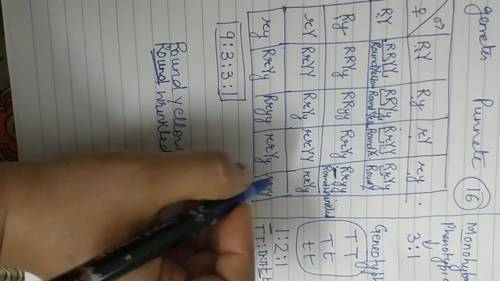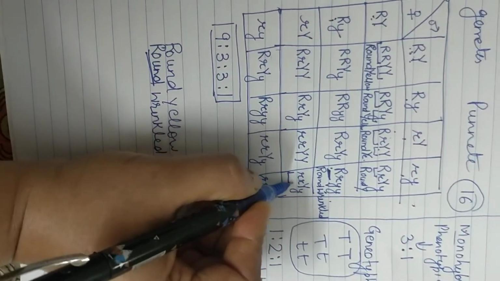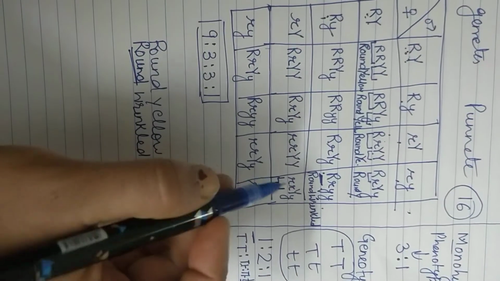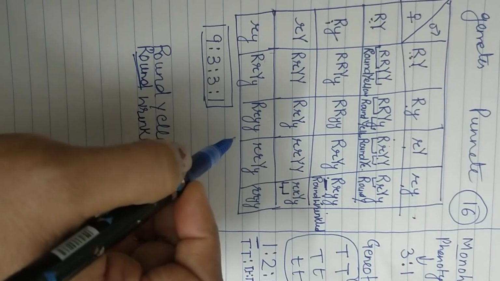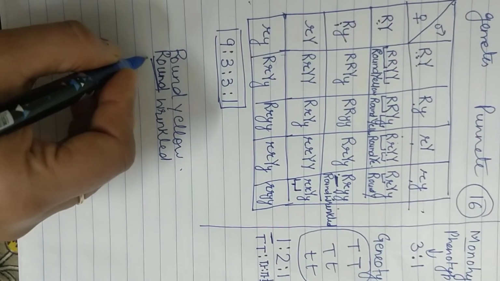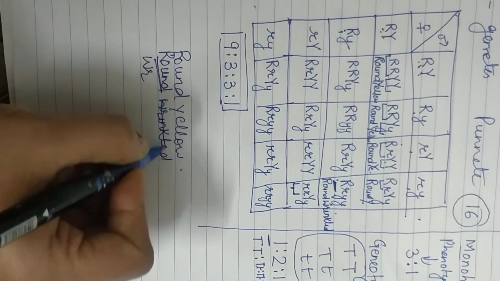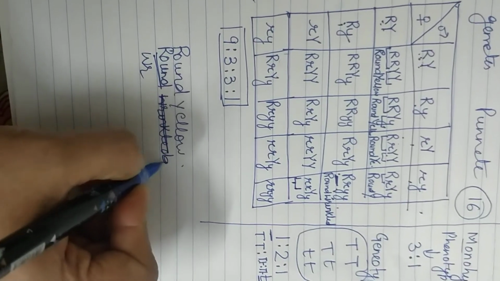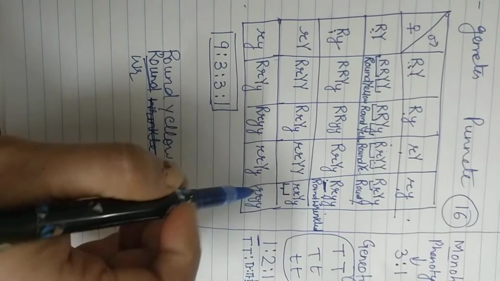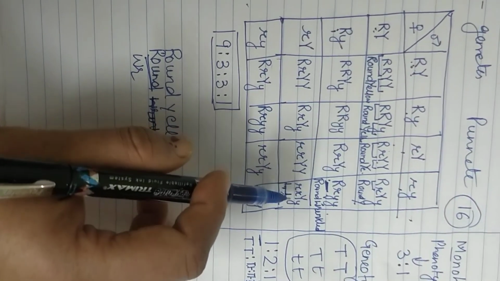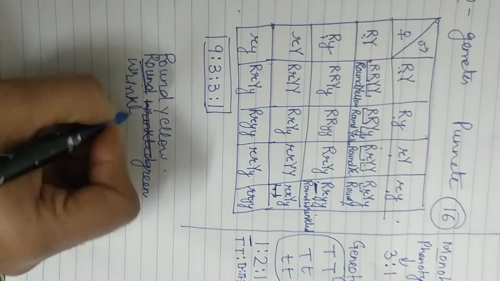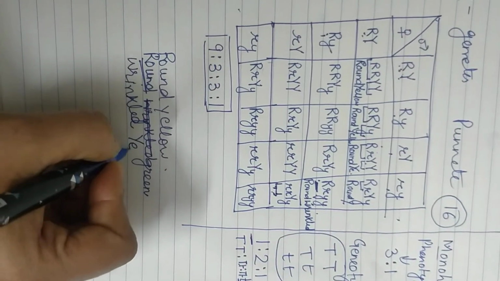All right, then you check here. Small r and small r is there. What does small r and small r signify? It signifies that, sorry, here I have done a mistake. It should be round and green. And in this combination, children, when small r and small r is there, it is wrinkled and yellow.